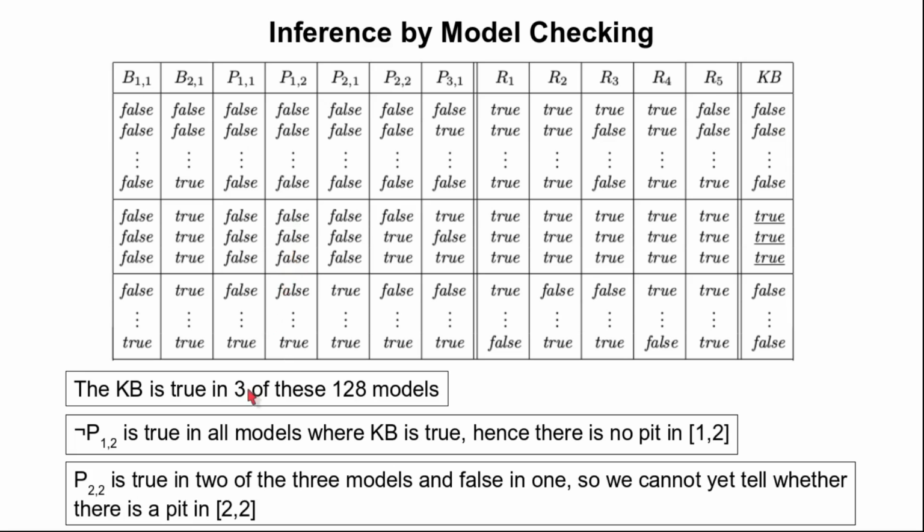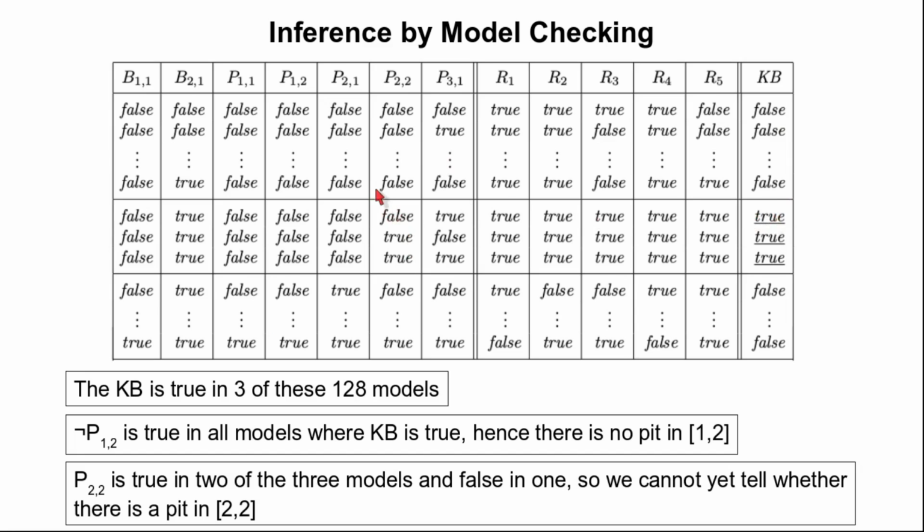Now, let us check whether we can also infer P22. So P22 is here, and P22 is true only for two of the models. P22 is not true for all the models where the knowledge base is true. For example, in this row, KB is true, but P22 is false.